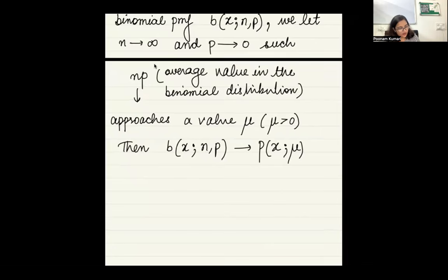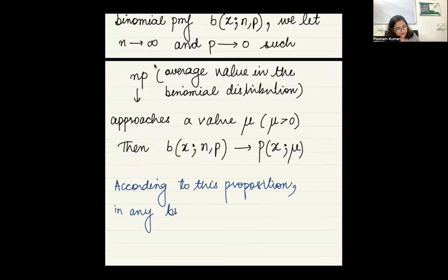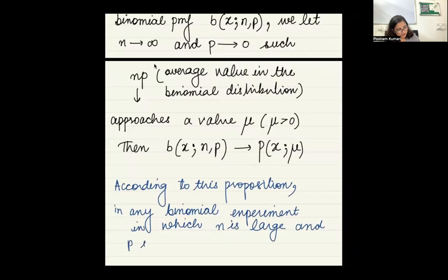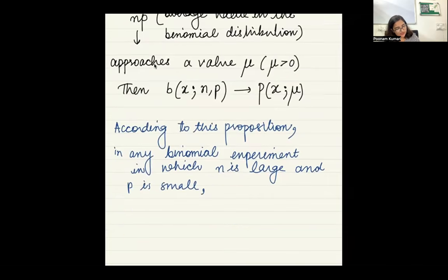According to this proposition, if we have a binomial experiment, in any binomial experiment, in which n is large and p is small, such that n times p is equal to mu, then this binomial PMF will approximate the Poisson PMF.